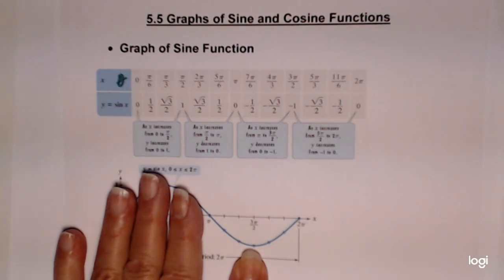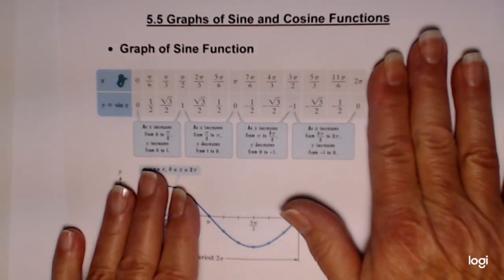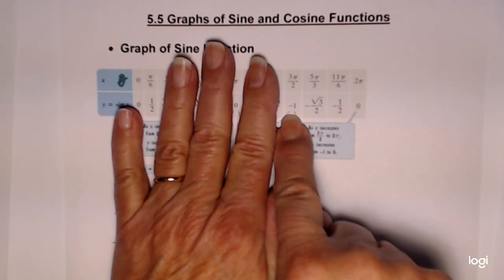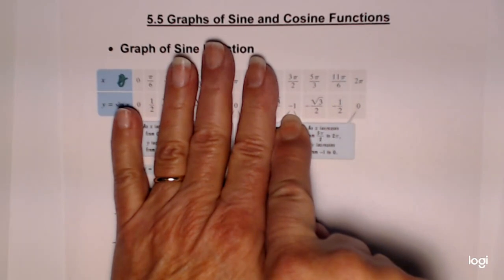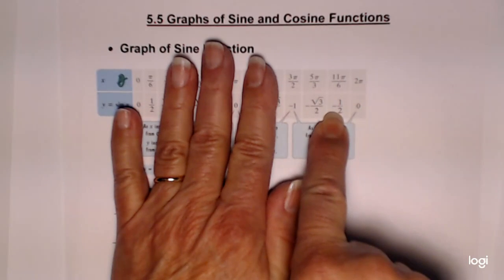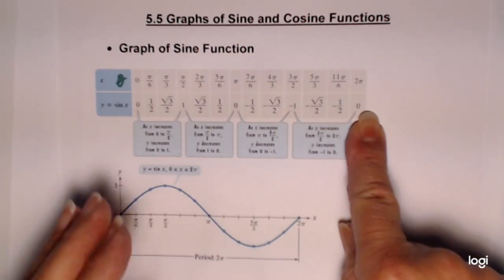Last but not least, in Q4, looking at the graph here, we can see that we started at this relative minimum, if you will, of -1, and we're going to increase back to 0 again. And looking at our chart, we start at -1 at 3 pi over 2 or 270, and then we increase to negative radical 3 over 2, -1/2, and then back to 0 at 2 pi.